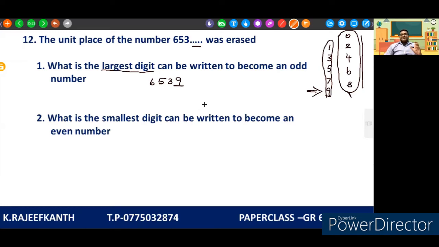What is the smallest digit we have to write in this blank? For 653, the smallest digit is 0. So we have to write 0. The largest digit is 9 and the smallest digit is 0.